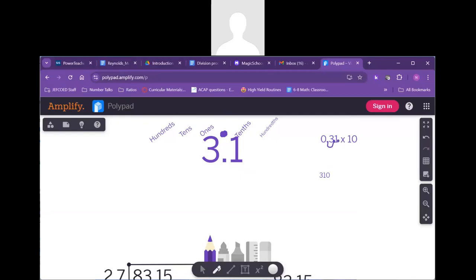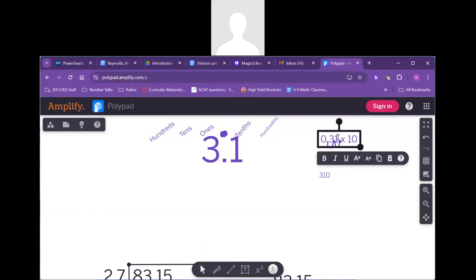I get 3.1. And if I want to multiply that by 10, I'd move that decimal again, and I would have 31. That's going to help us when we start trying to divide by decimals.